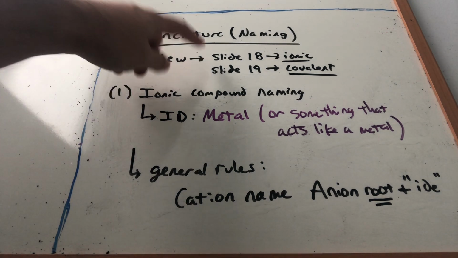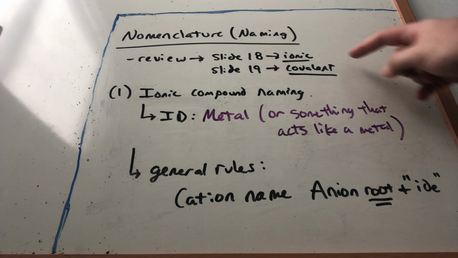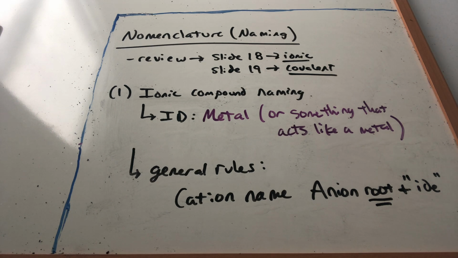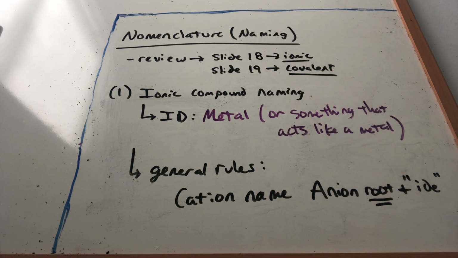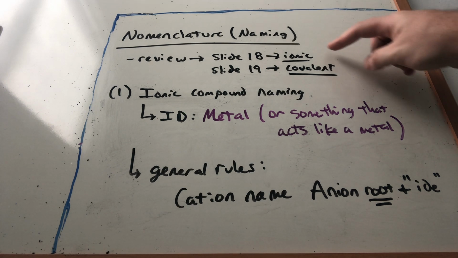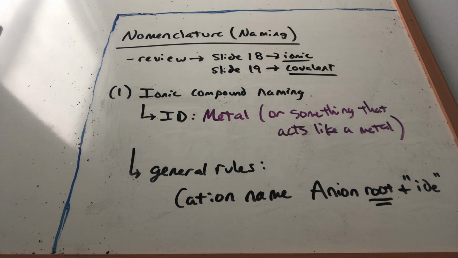If you go back and look at slide 18 and slide 19, the big thing with naming, just like the last video, is all about separating ideas based on whether a metal's present or not, whether you have ionic bonds or whether you have covalent bonds. It's our very first step. So go and review those slides, look at the forms that are shown, and understand that there's a different process in forming ionic bonds versus covalent bonds.